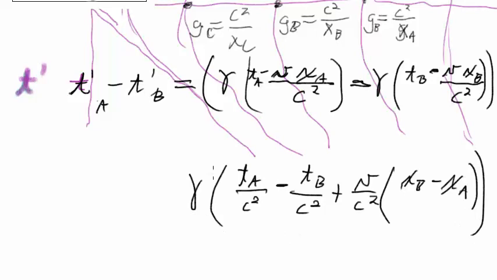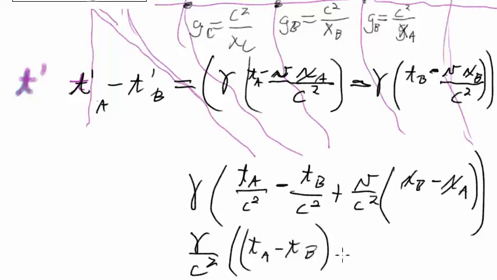So then what else can we say? So we could pull out the gamma over c squared times t sub a minus t sub b plus v times x sub b minus x sub a. And then that would be h.